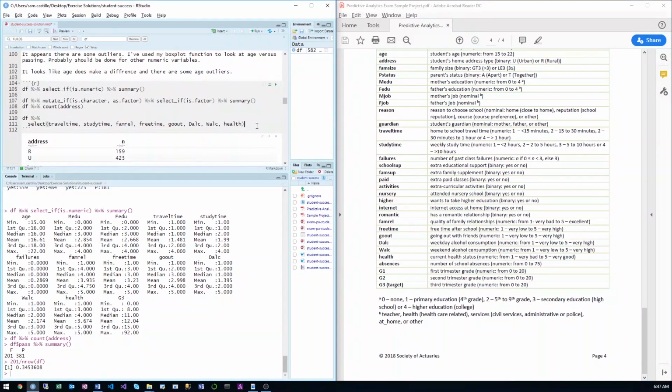I select these, and then I want to mutate all as factor, and then run a summary.